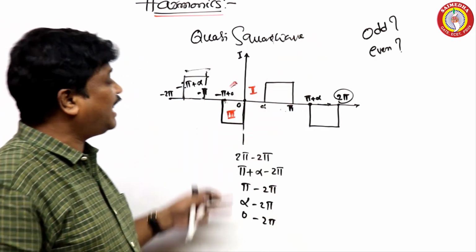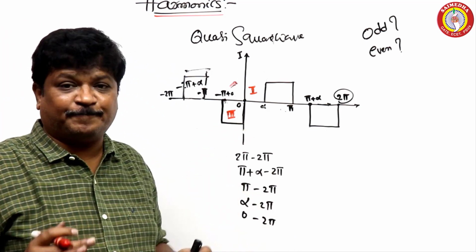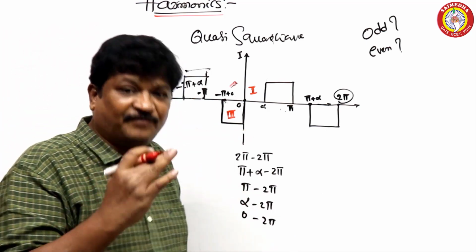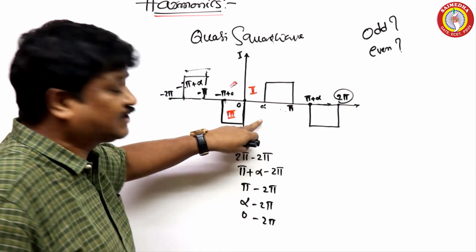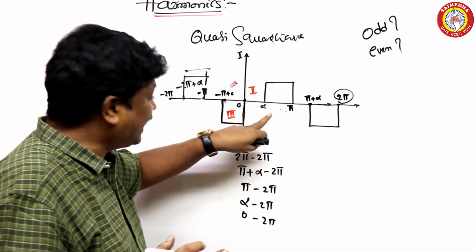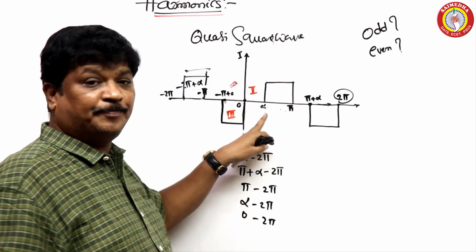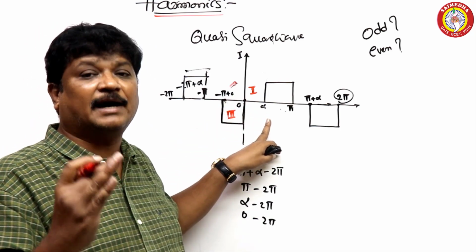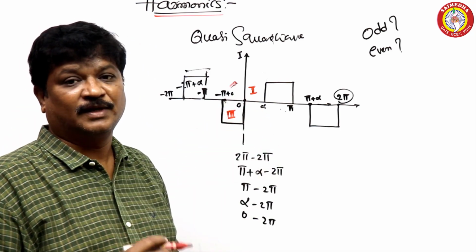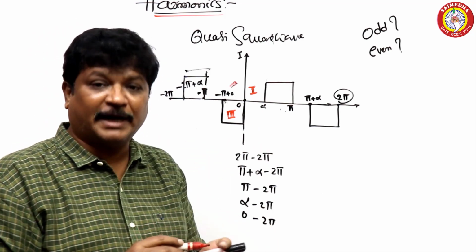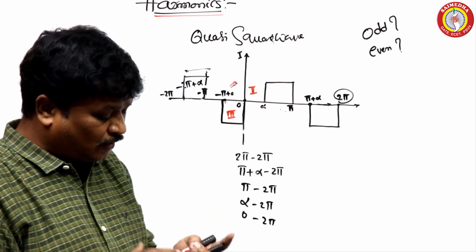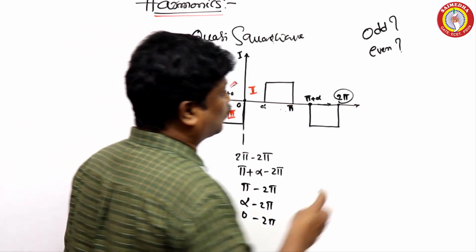So to make the simplification better, we can make this figure, this diagram, an odd function just by left shifting the figure by alpha by 2. Now, what waveform do I get here?